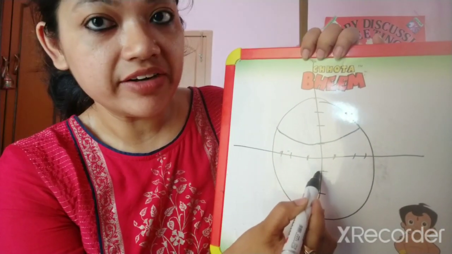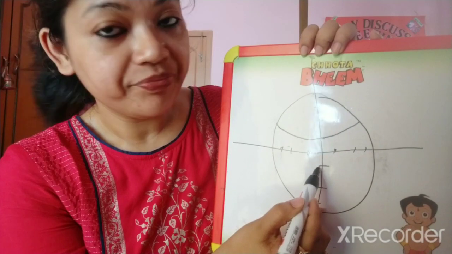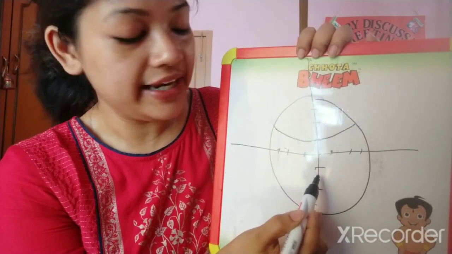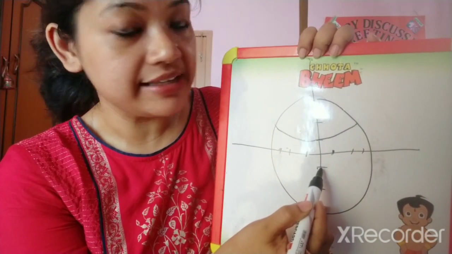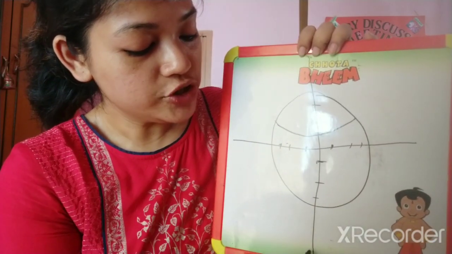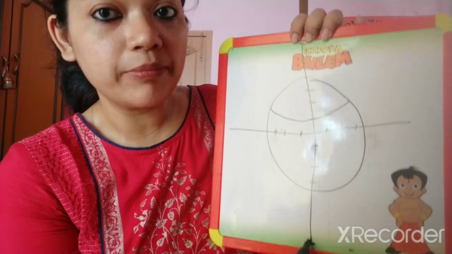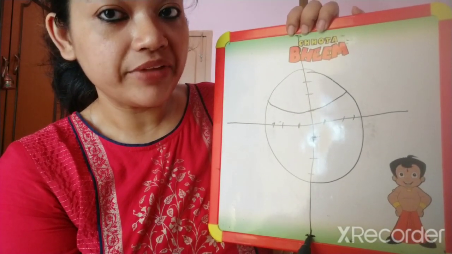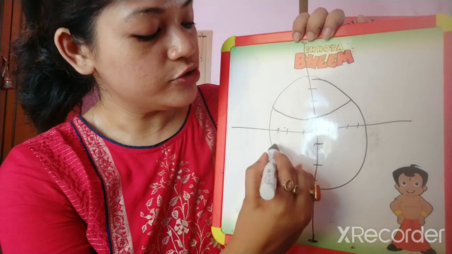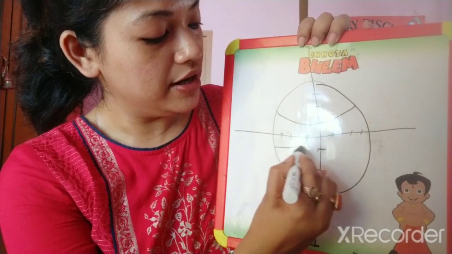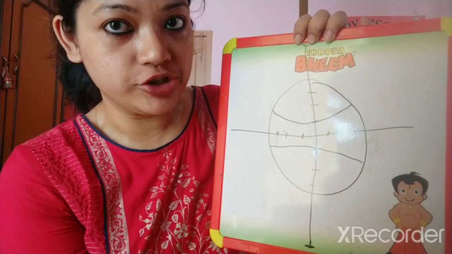Similarly, for 15-degree south latitude, with the help of this scale, you just have to measure 23.9 centimeter from here on the central meridian. If the point is here, then with the help of the compass and the extension bar, you just have to draw the radii of the parallels of latitude.